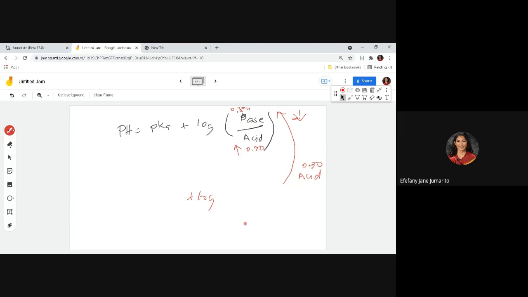So we have 0.50 divided by, then what will happen to the acid? What will be the concentration? So 0.90 plus 0.30. That is equal to how much, class? 1.2.